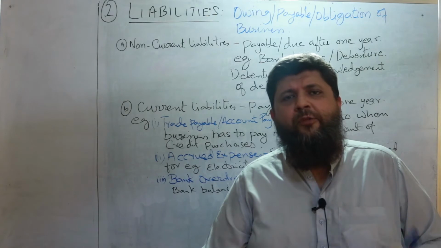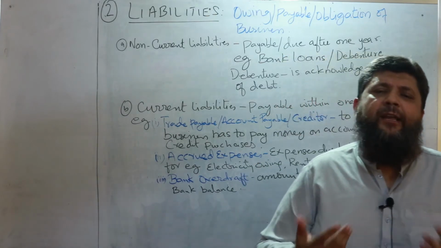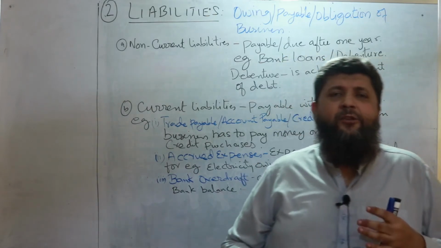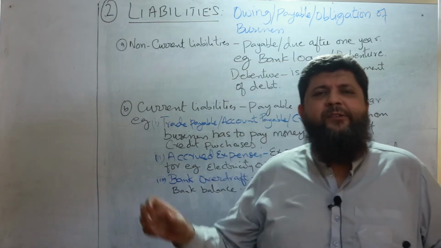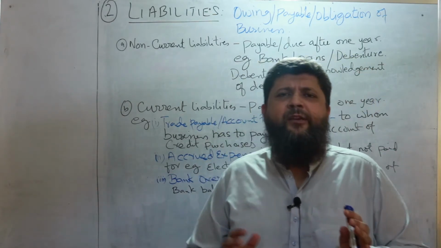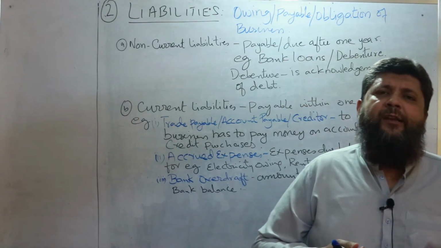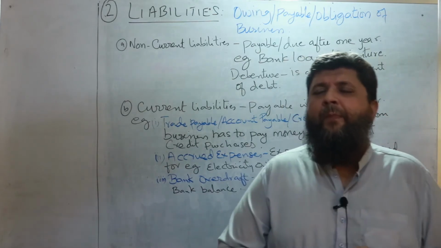That particular document is a debenture. You can understand it like this: a debenture is a non-current liability. Whenever a question appears in exams and debenture is written there in the trial balance or in any other information, you will have to treat it as a non-current liability.